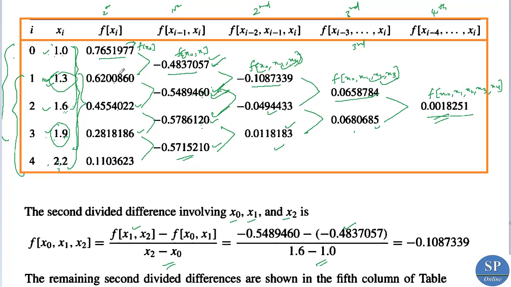And this is actually f of x1, so this is f of x1 x2, this is f of x1 x2 x3, this is f of x1 x2 x3 x4, and so on.